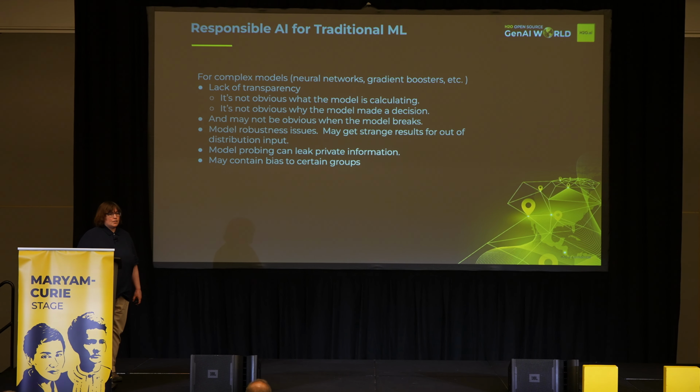That's similar to the jailbreaking phenomena that we see for LLMs. And certainly in both cases, the model output can be biased toward certain groups. So I'd argue that LLMs aren't completely special compared with other models that we've looked at.